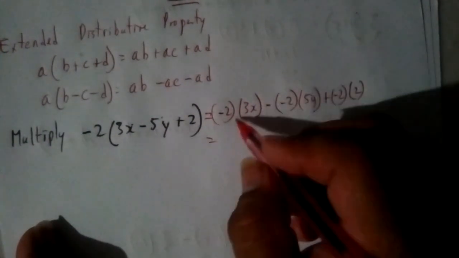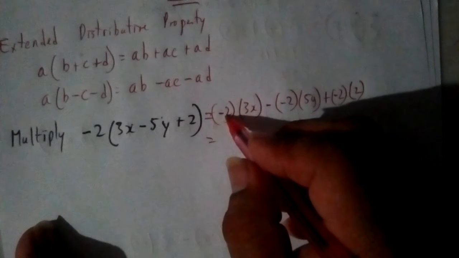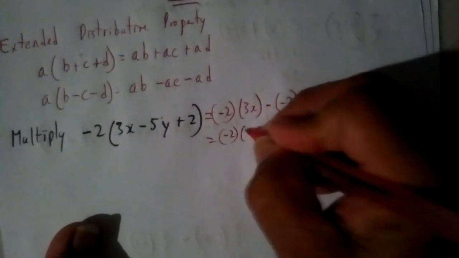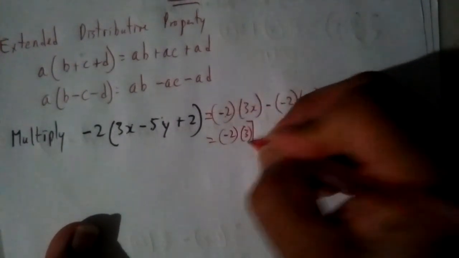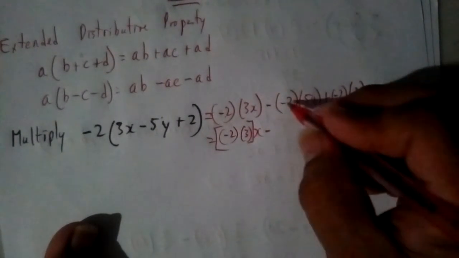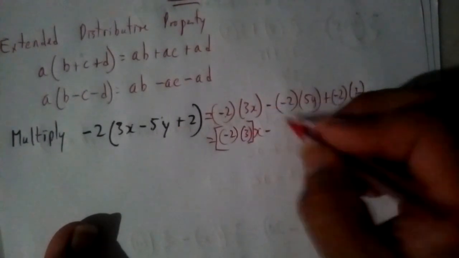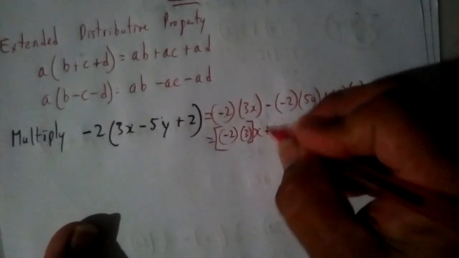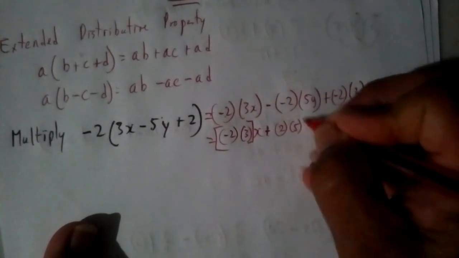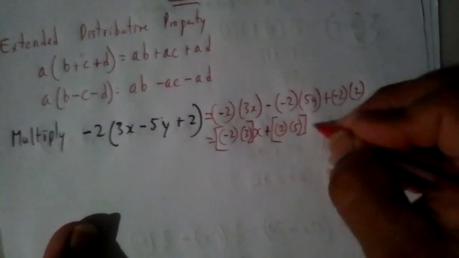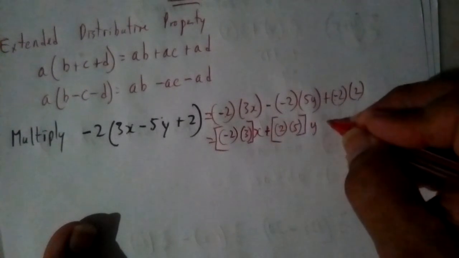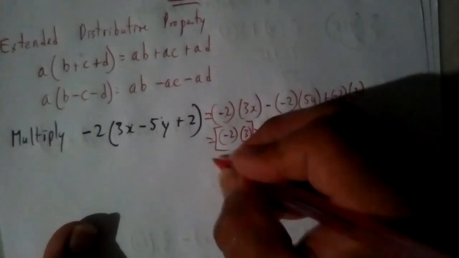So we apply the rules from before. You can combine -2 times 3, so that would be -2 times 3x minus, well, this next and this 2 negative will make it a positive, and we put 2 times 5y. This -2 times 2 will give me -4.